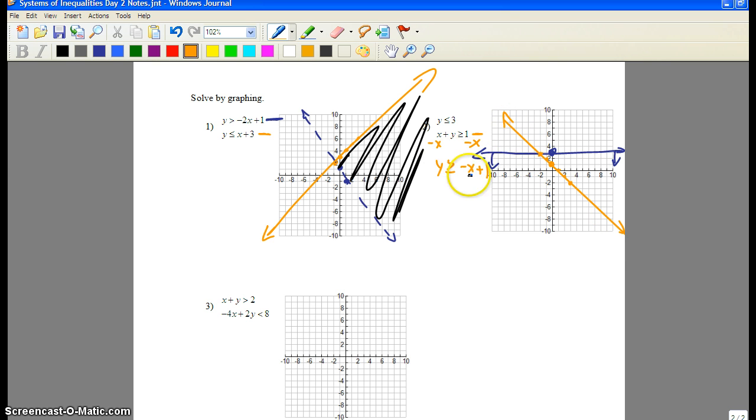It's greater than when we look at it in terms of solving for y. You can only use this technique if it's solved for y because up or down is in relationship to y itself. So we want y greater than, which is up or down? Up. If you can see where they cross, that's great. Right where they intersect right there.